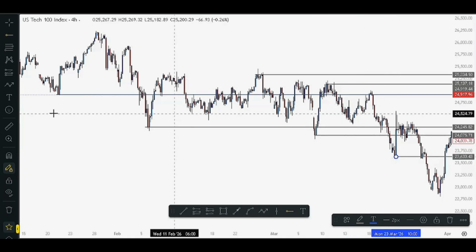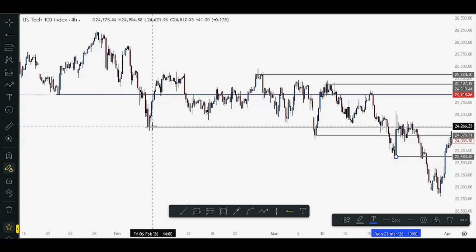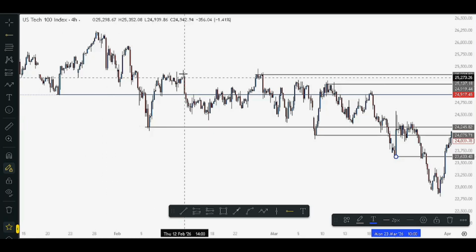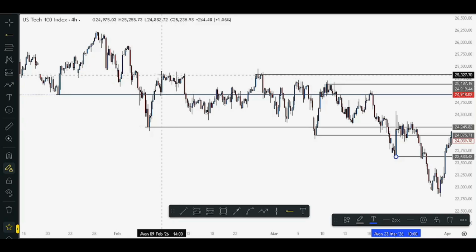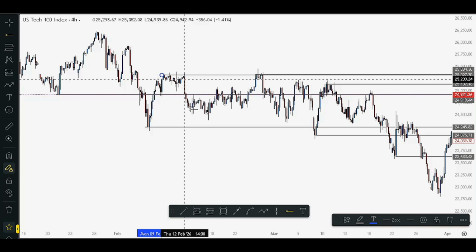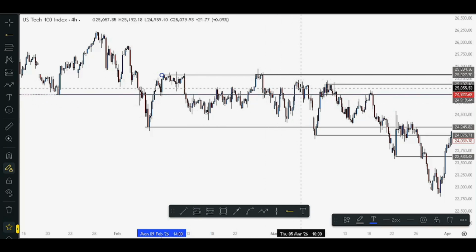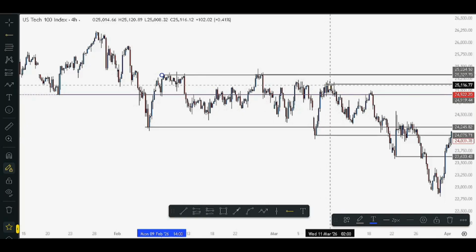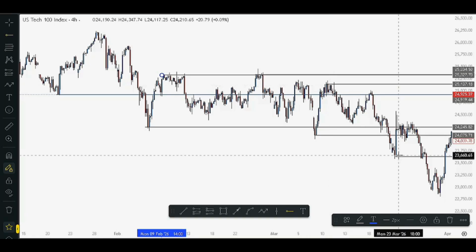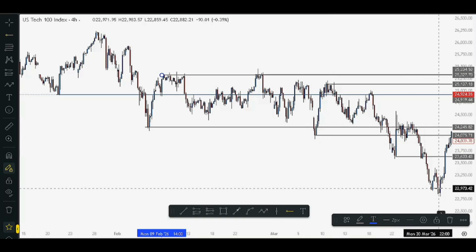So this could have been a high, but it's on the same level as this one, so still the same thing. It created a high here, then pushed down and created a low here, created another lower high, then another lower low, another lower high, and another lower low.